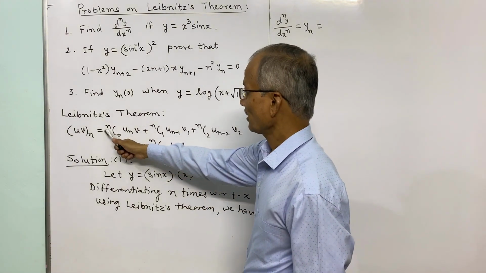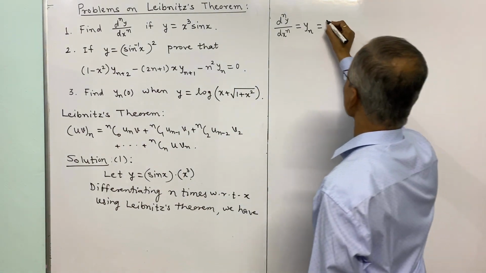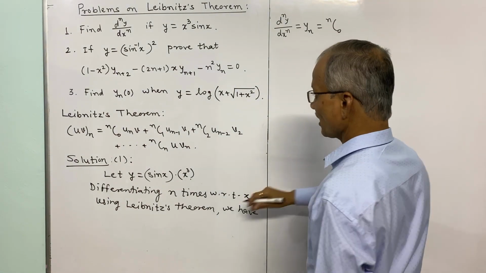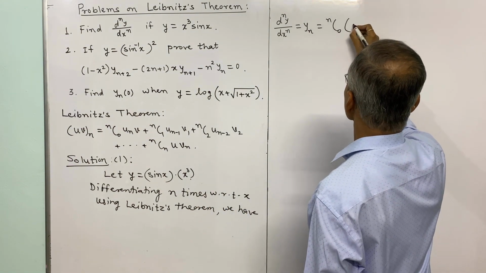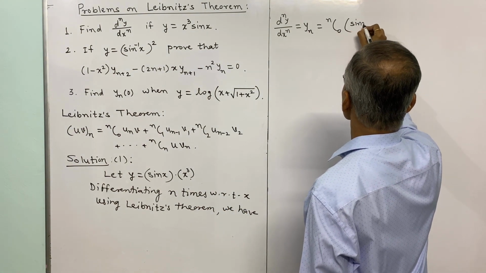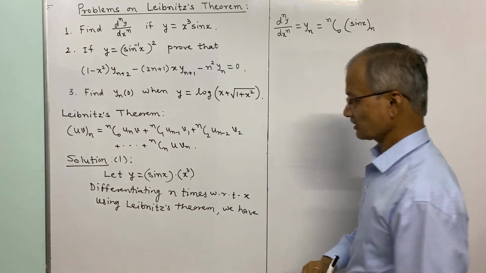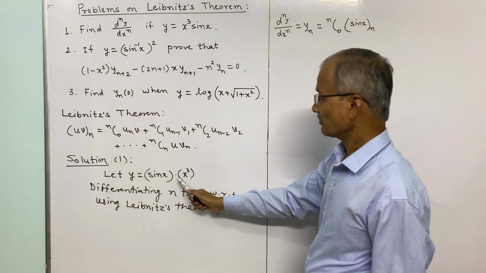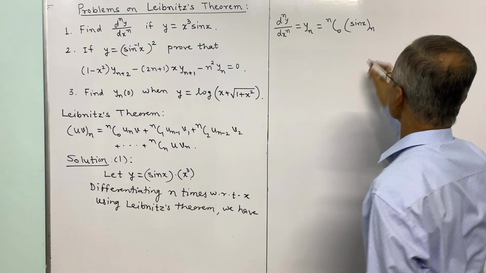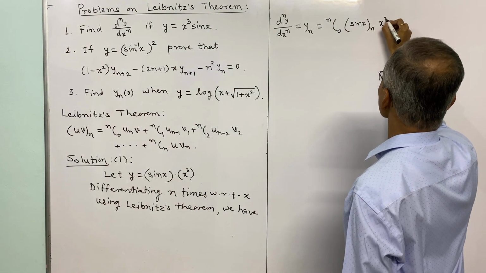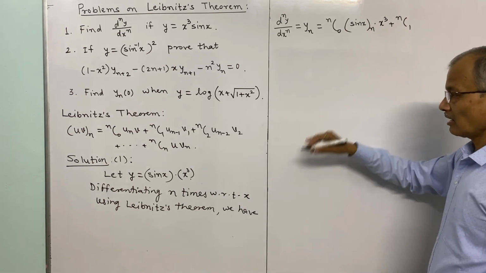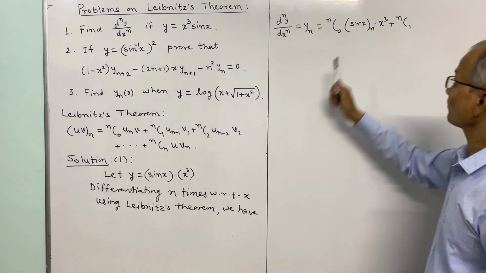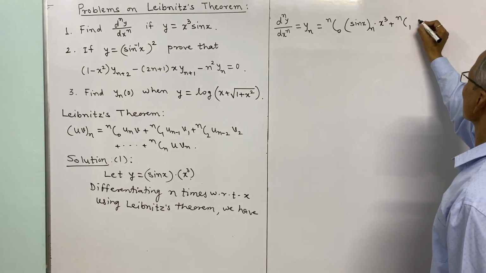You see n choose 0, nth derivative of sin x, I shall write like this. And v as it is means x cube as it is. Plus n choose 1, now n minus 1th derivative of this sin x.